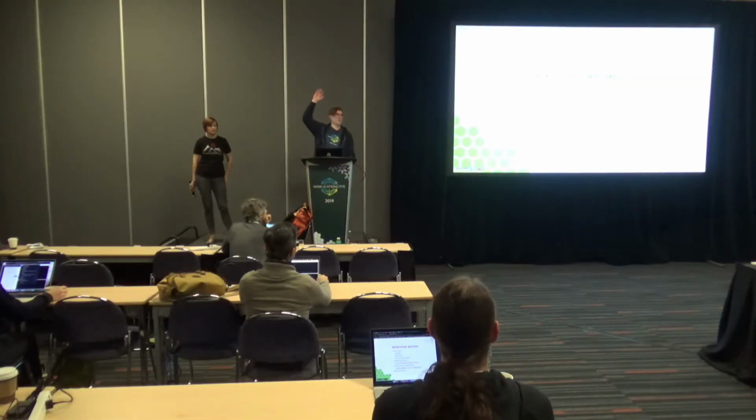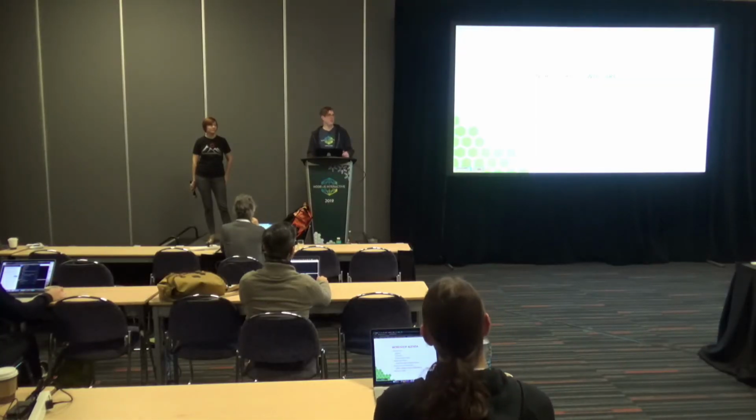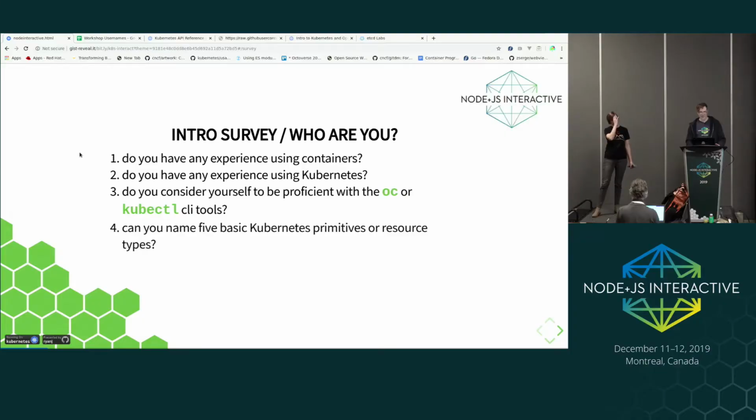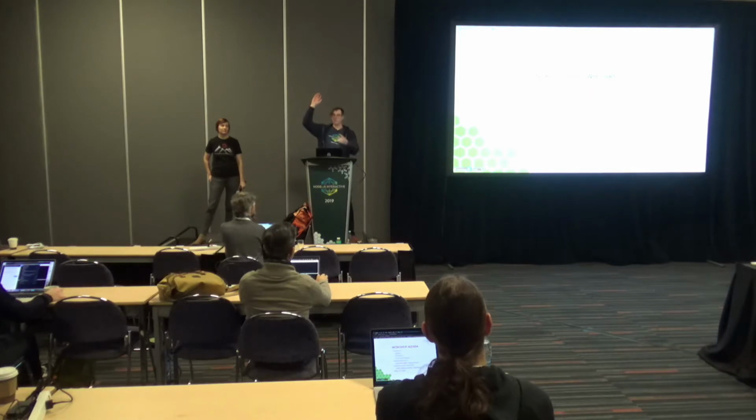Anyone care to raise a hand on that? Cool. Some brave folks. It looks like 4 or 5 folks. And how many folks feel like they can name 5 Kubernetes resource types or primitives? So I'm not going to call you on it, but yeah, two or 3 people.